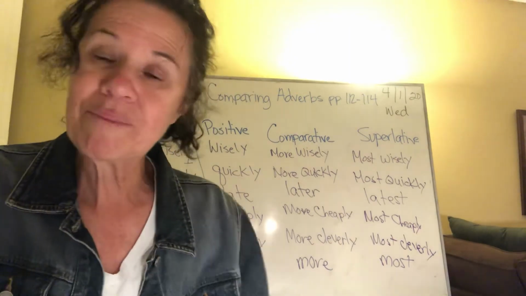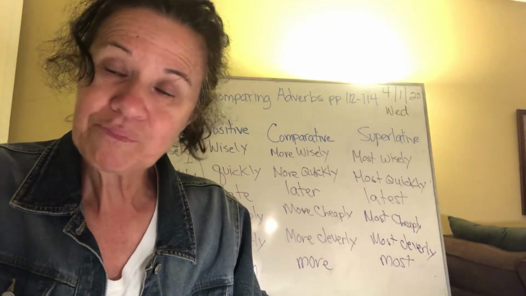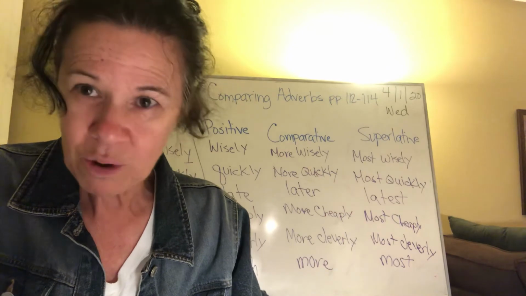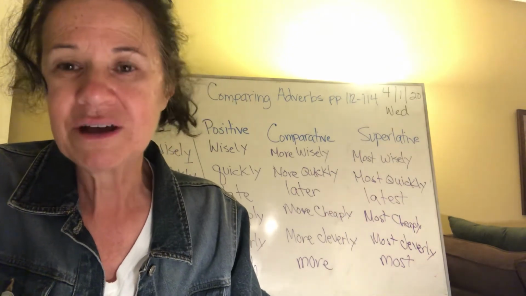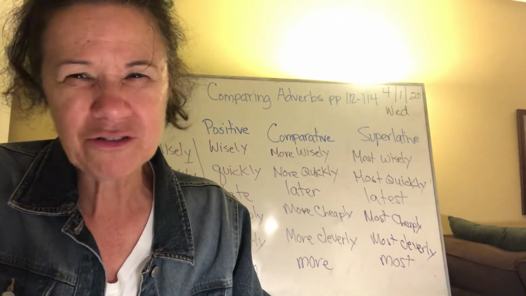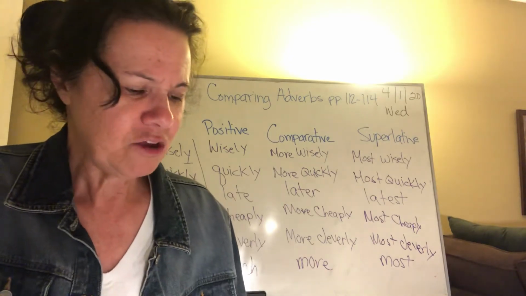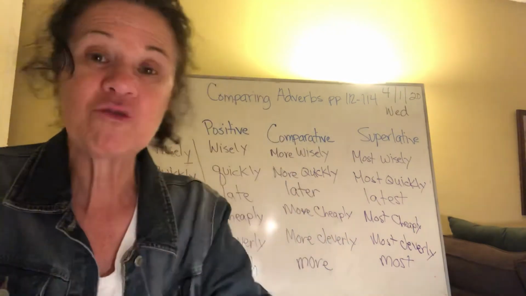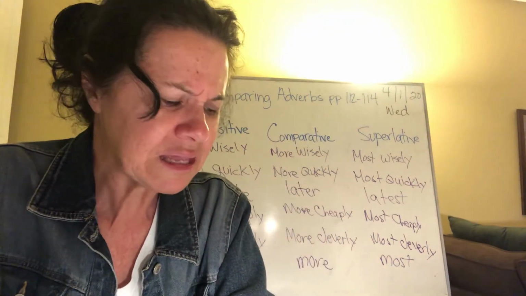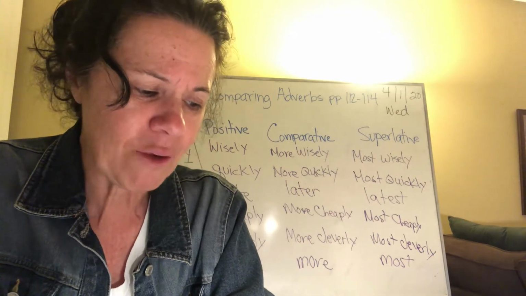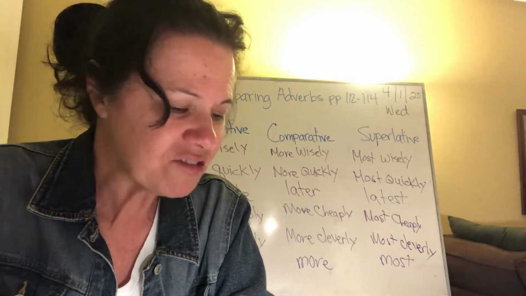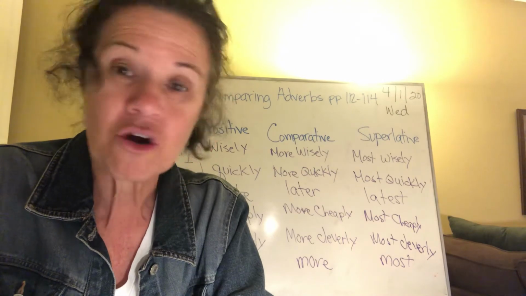Go back and look on page 112 if you have questions about what superlative means or comparative or positive, but you probably don't. And then on page 114, it says think A, put a C for correct if all of the modifiers in each sentence are used correctly.